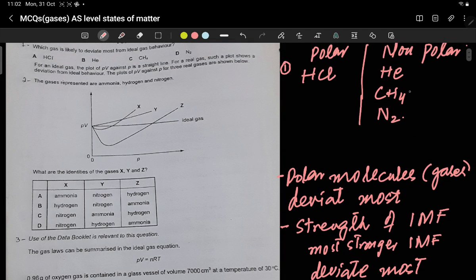So these three gases are non-polar. Obviously HCl is polar, so HCl has permanent dipole forces, and these non-polar molecules have induced dipole, ID forces, which are less strong than the PD forces.